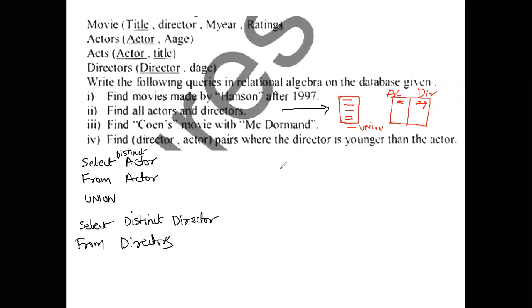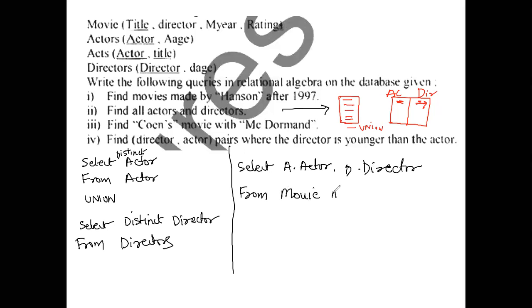If we want it in two columns, how? Select a.actor, d.director from, so include all the four tables over here. Let us call movie as M, actors as A, acts as AC, and director as D.